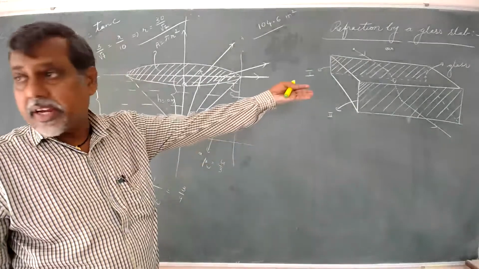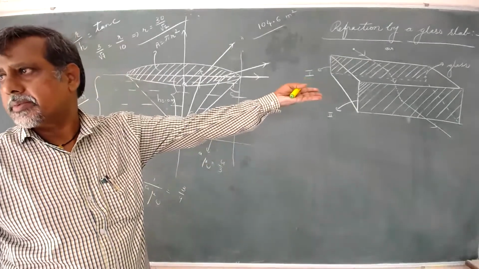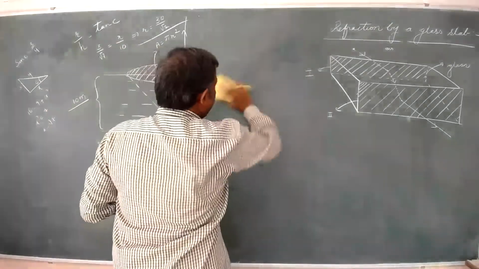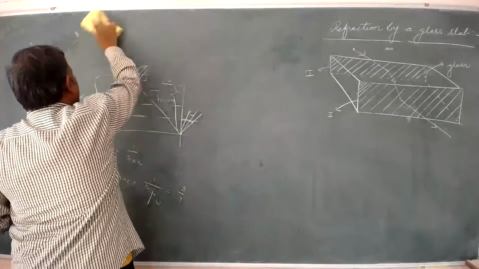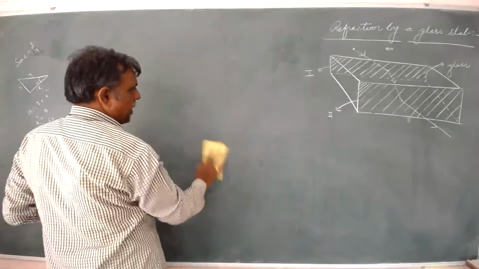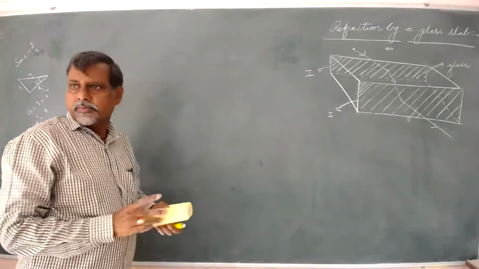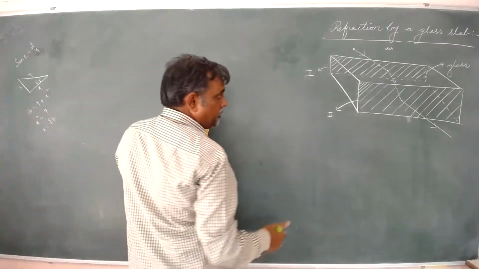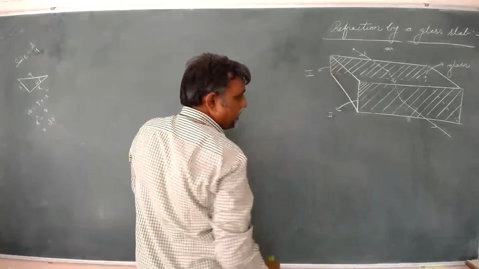But if we keep discussing like this, it looks very complicated. To study this refraction, this 3D view is hard to understand, so we need to convert it into a 2D plane figure. We convert each refracting surface into a line.